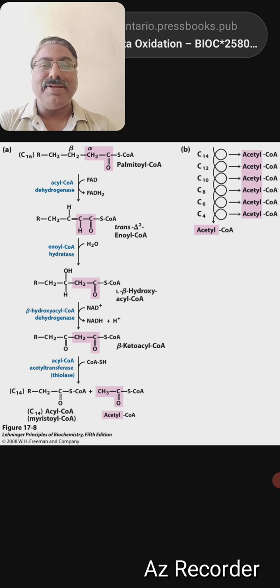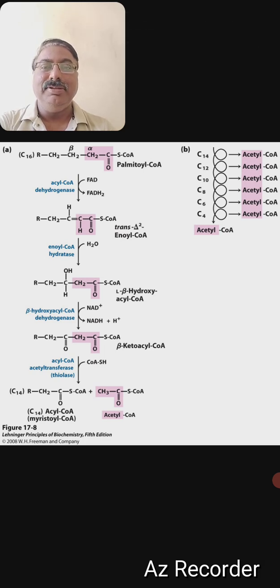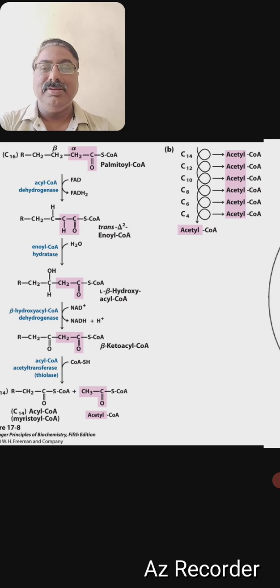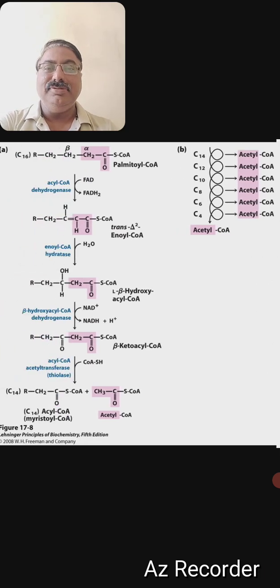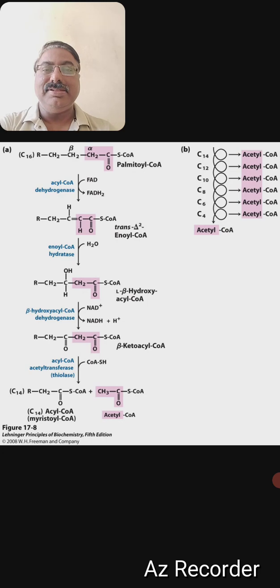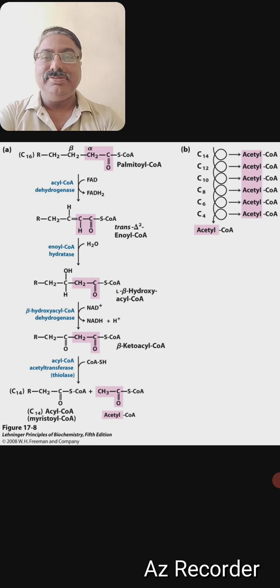That is the number of acetyl CoA which will be formed, and minus 1 will be the number of beta oxidation cycles. So for fatty acids containing 16 carbon atoms, 8 acetyl CoA will be formed, and the beta oxidation rounds which will occur is 7. In each round you can see that one acetyl CoA is formed, one FADH2 is formed, and one NADH is formed.